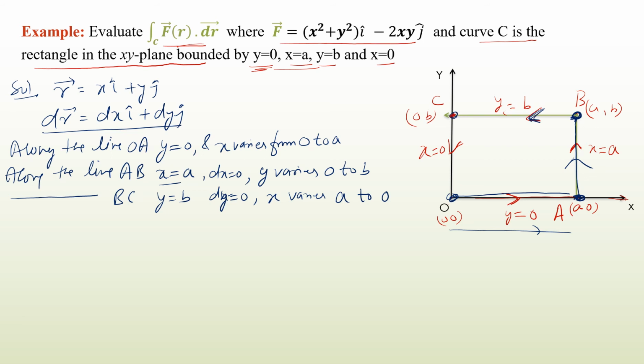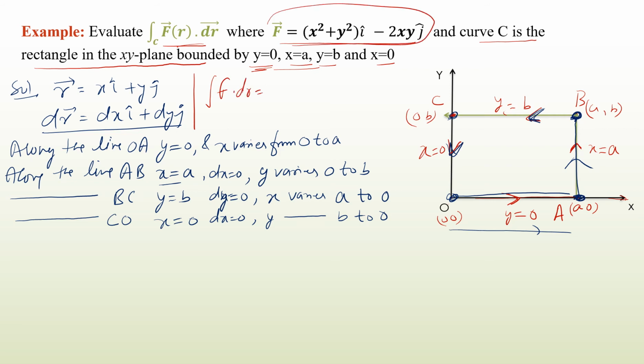And similarly along the line CO, x is equal to 0, dx is equal to 0, and y varies from b to 0.